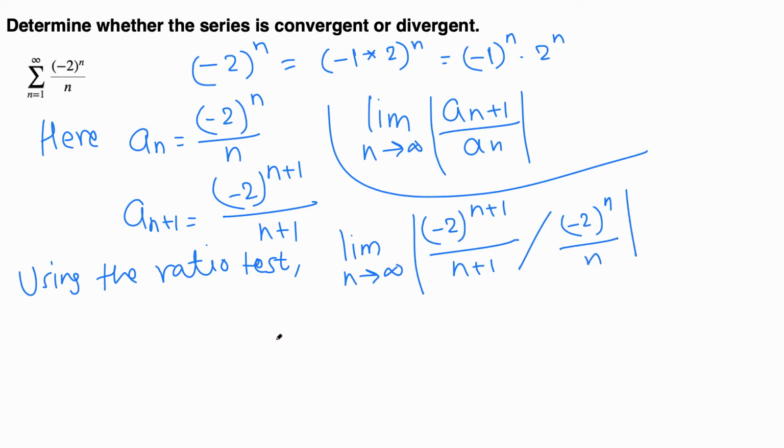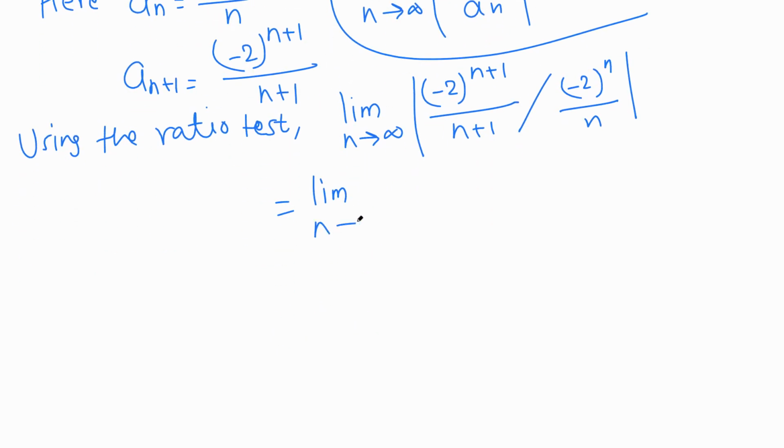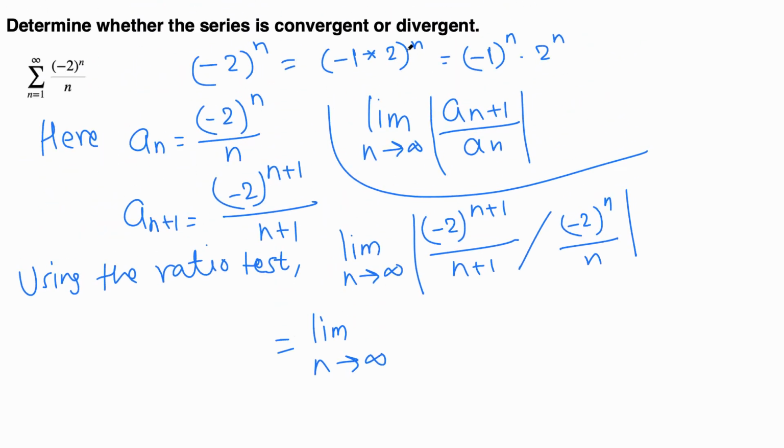Now let's evaluate this limit. Let's change this division into multiplication, so this fraction flips, and this can be separated into factors in this way.